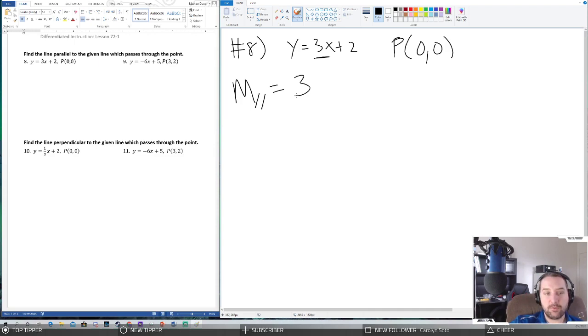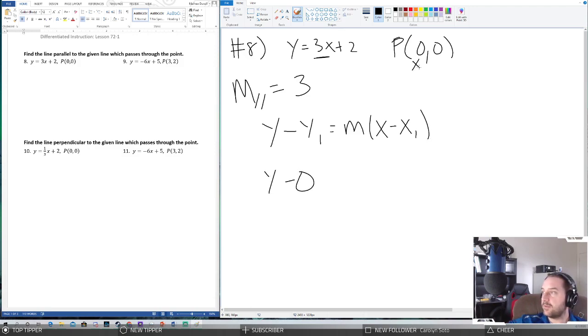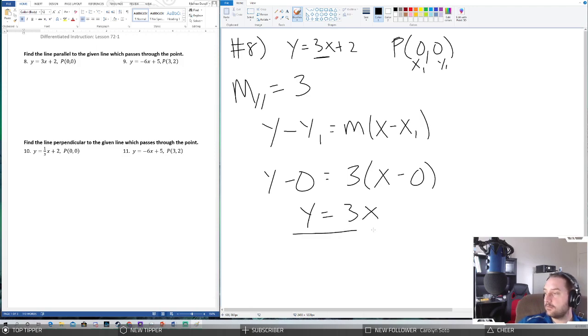Then my point slope equation is y minus y1 equals m times x minus x1. I'll finish the rest of this, do one from each, and then go back to number 5. So plugging in the values, this is my x1 and this is my y1, equals my m times x minus x1. So you're going to get y equals 3x. Any questions on number 8?